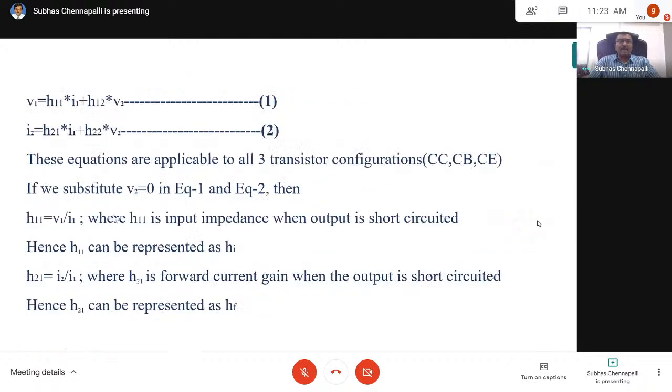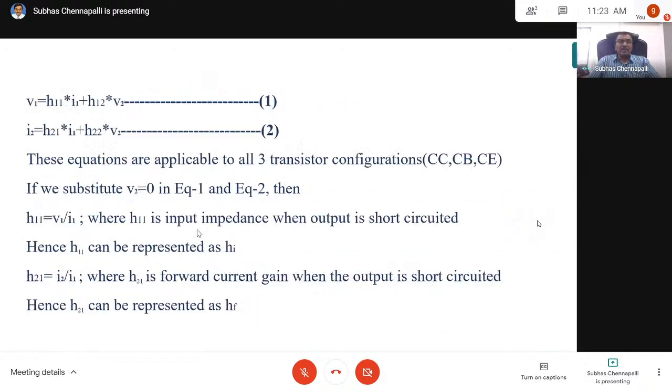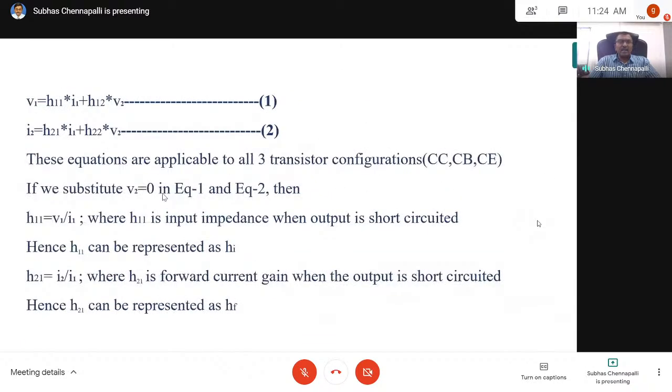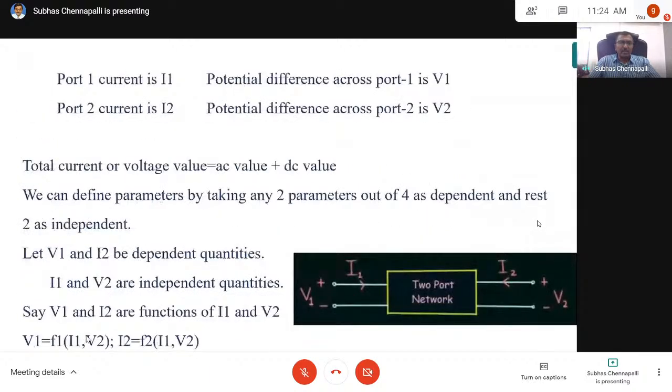Including H parameters, I will write like this: V1 is equal to H11 times I1 plus H12 times V2. I have to write in terms of I1, V2, because I have taken I1, V2 as independent variables. So V1 is something times I1 plus something times V2. Similarly, I2 is something times I1 plus something times V2.